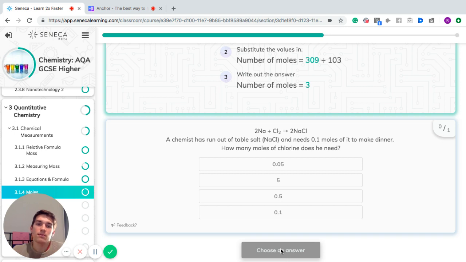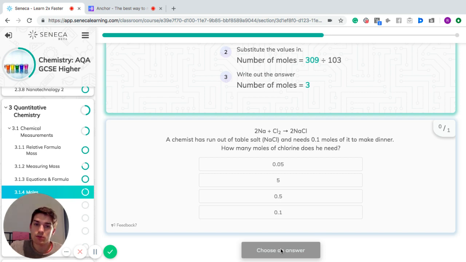So if we've got the symbol equation 2Na plus Cl2 goes to 2NaCl, and a chemist has run out of table salt and needs 0.1 moles to make his or her dinner, how many moles of chlorine do we need? Remember, the numbers before the compounds in a symbol equation tell us how many moles we need, or at least the ratios.